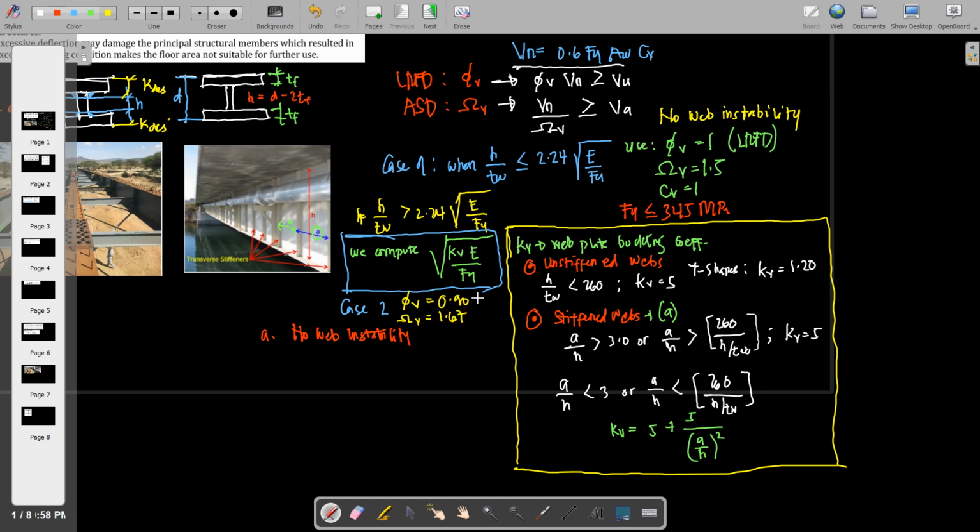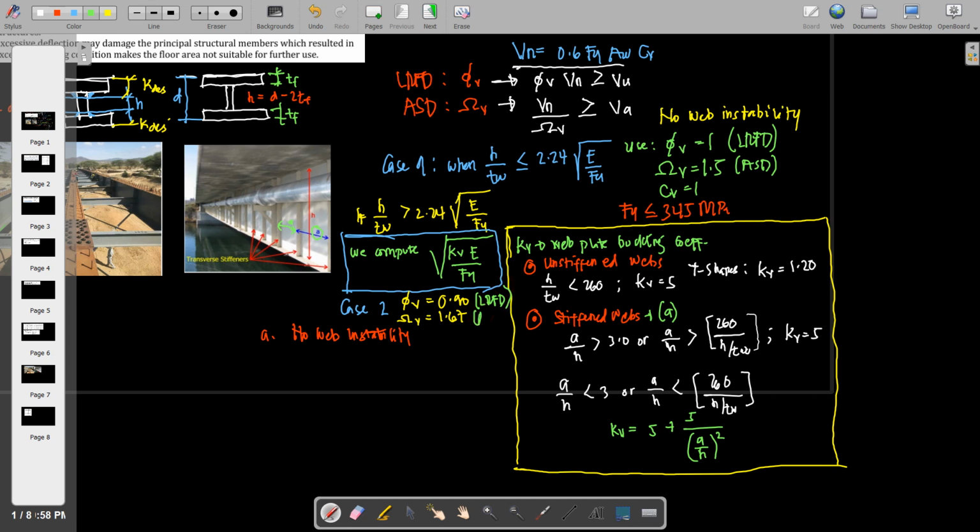Now this is for LRFD and ASD. So in case 1, the values of phi and omega are different. Okay, by the way, this is ASD. This is LRFD.